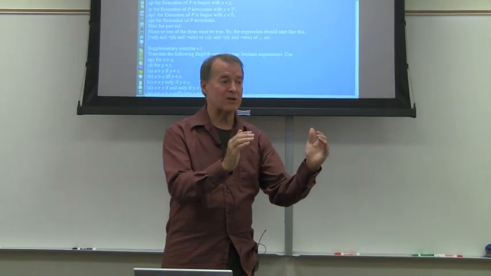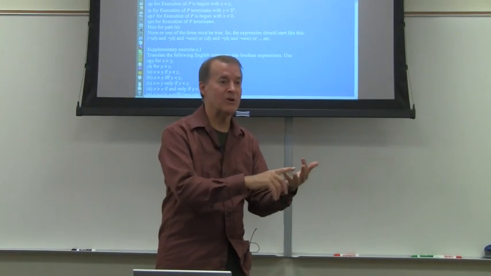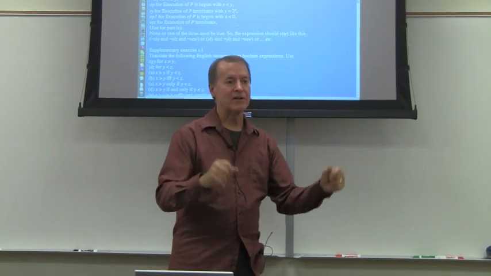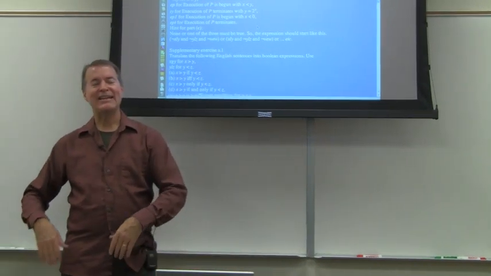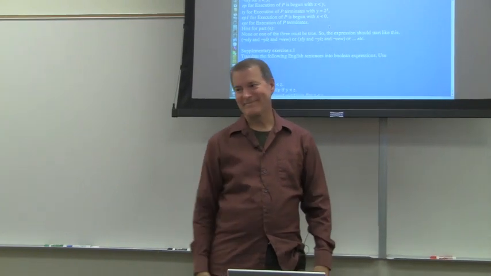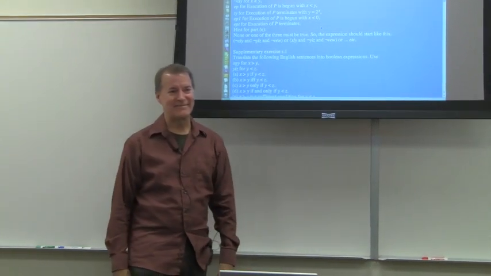How would you write that down in Boolean algebra? You would do, the first one is true, and the second one is true, and the third one is true, right? That's how you would write that down. So how would you write down, it is not the case that they are all true? Negation, and that's the same thing as E.